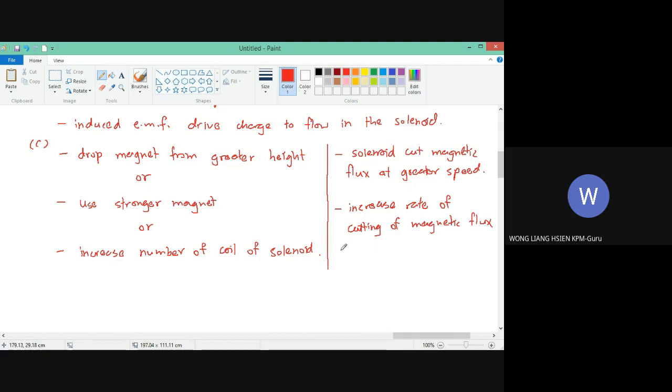Okay, increase number of coil, also we say increase rate of cutting of magnetic flux. Okay, so these are the explanation for each different ways to increase the induced EMF.